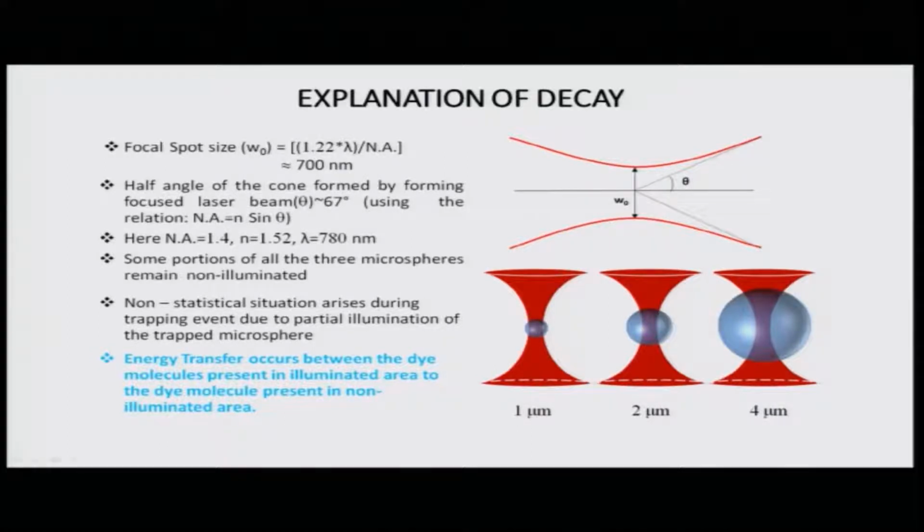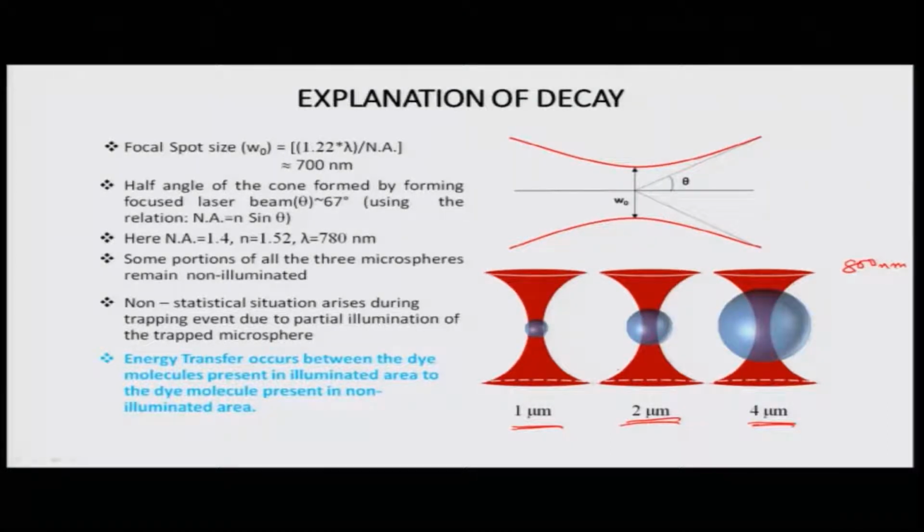When the particle size is smaller, the particle is always immersed in the photon flux. However, as the particle size gets larger, like 1 micron, 2 micron, 4 micron, because our laser wavelength is 800 nanometer, all of these particles are larger than the zone in which the light is getting focused, in terms of diffraction limited conditions.